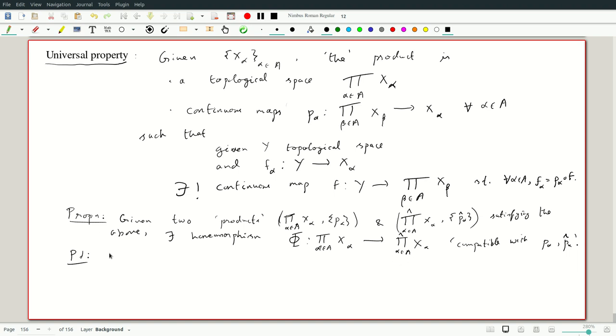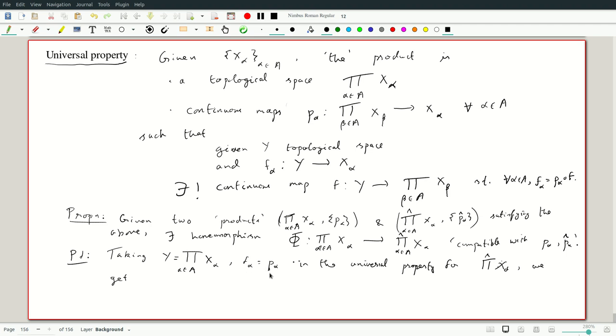So, let me be specific. Taking Y as the product of alpha in A of X alpha, and f alpha as the projection maps P alpha in the universal property for the product hat of X alpha, what do we get?